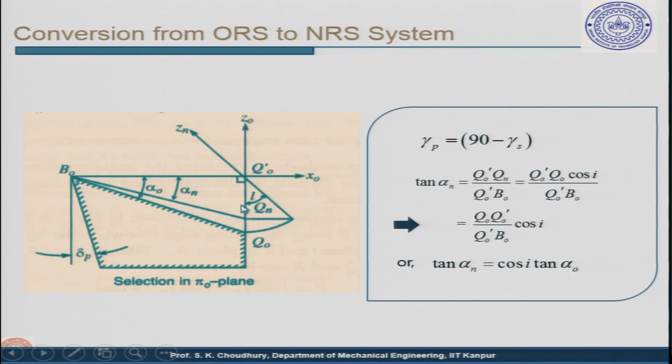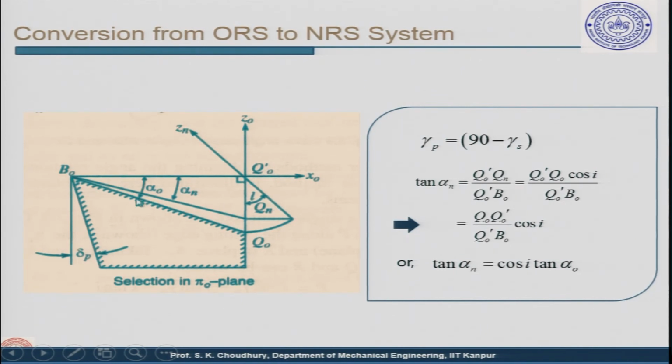When you do that, the system we can project on this will be the normal rake system, because with an angle of I with respect to the orthogonal rake system, this will be the normal rake system.